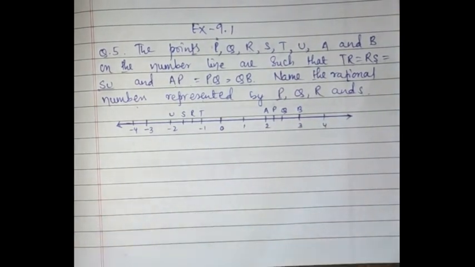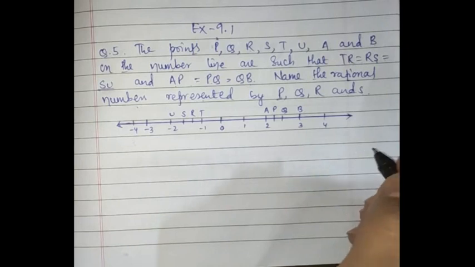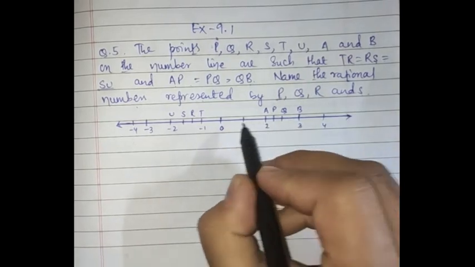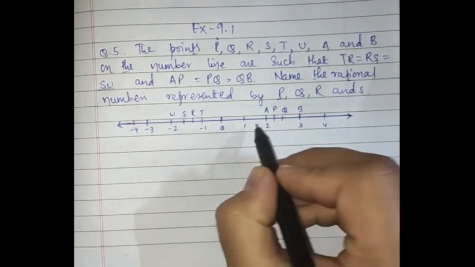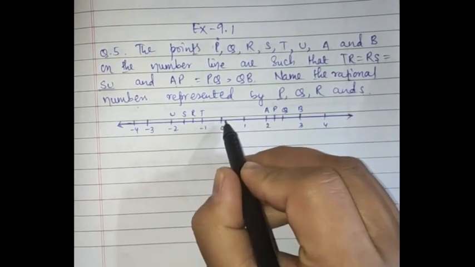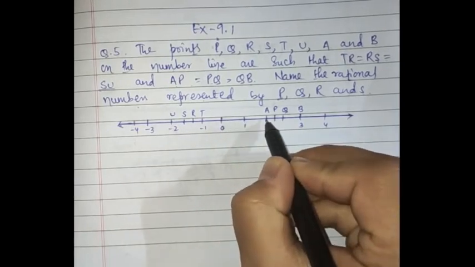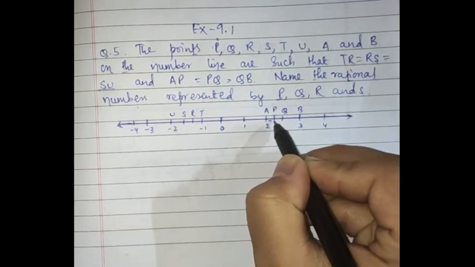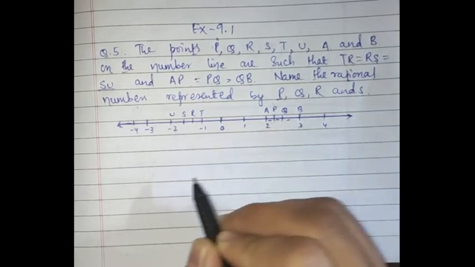Okay, to find that, first of all we have to understand into how many parts each unit is divided. So just see, from 0 to 1 or 1 to 2, 2 to 3, actually there are 3 parts: 1, 2 and 3 parts.